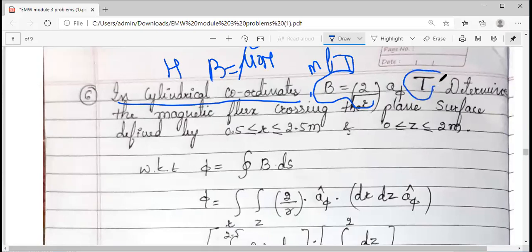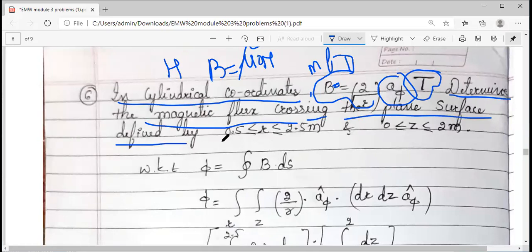You can see the symbol T indicates it is in Tesla, and the direction is also specified, meaning B is a vector quantity. Determine the magnetic flux crossing the plane surface defined by R and Z. The ranges for R and Z are given to you.